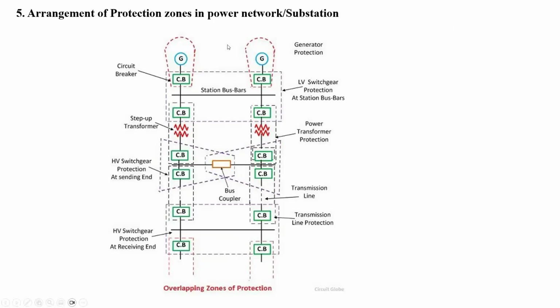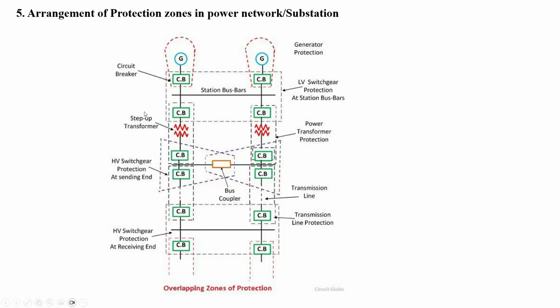This is the complete arrangement of protection zones in the power system network and substation. As I told earlier, the complete power system is connected from generating stations to distribution, and finally it will be connected to the end user. So we need to protect each and every piece of the power system. We maintain that by overlapping the protection zones.